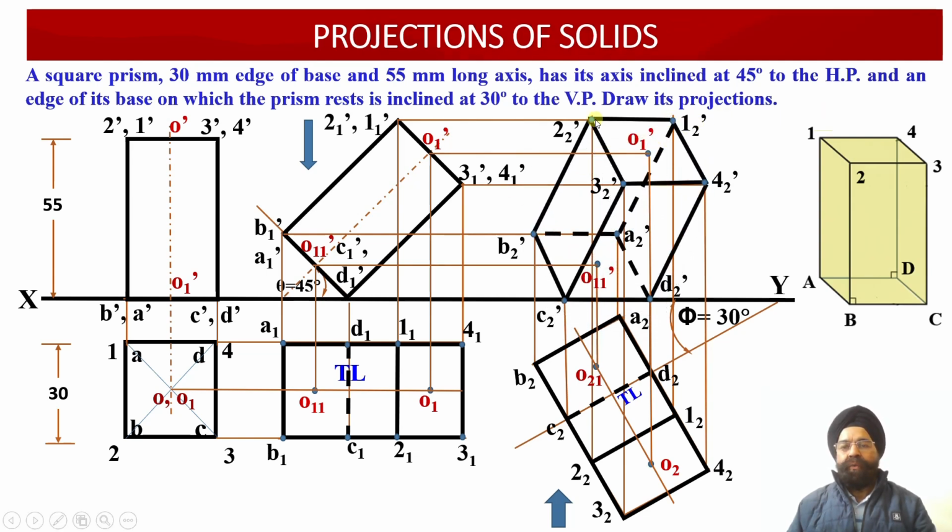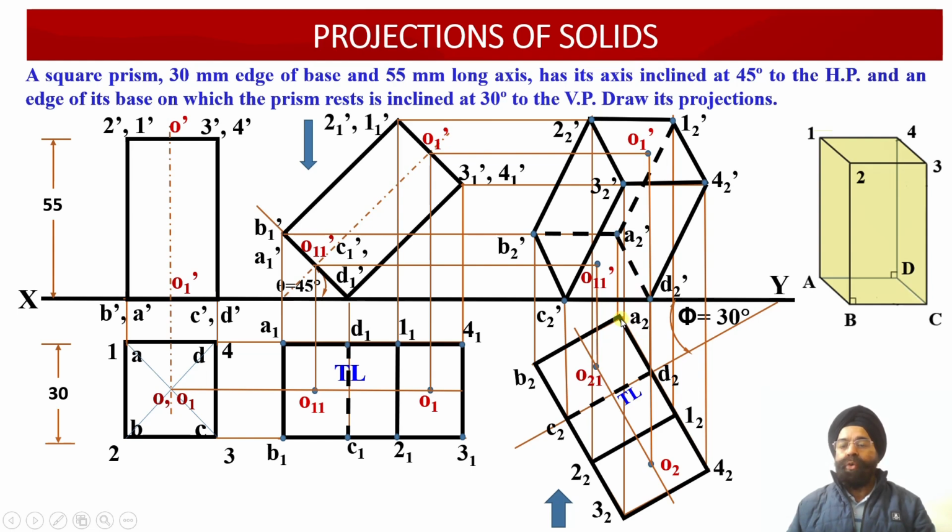You can check 1,2 dash, 2,2 dash, 3,2 dash, 4,2 dash, 1,2 dash we have joined. Similarly, A2 dash, B2 dash, C2 dash, D2 dash, A2 dash we have joined. Again 1,2 dash A2 dash, 2,2 dash B2 dash, 3,2 dash C2 dash and 4,2 dash D2 dash we have joined. So all these edges we have joined, but only 3 edges we have joined as dotted or hidden lines. Why?